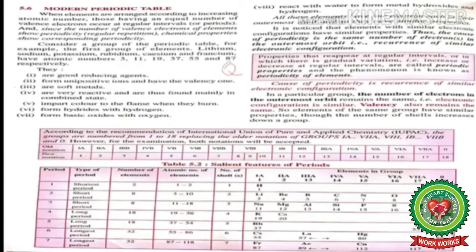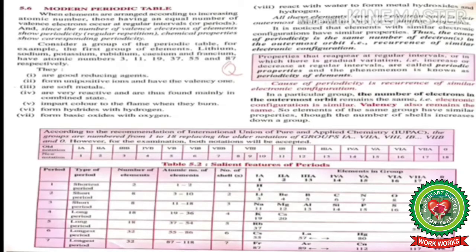According to the recommendation of the International Union of Pure and Applied Chemistry, IUPAC, the groups are numbered from 1 to 18, replacing the older notation of groups 1A to 7A, 8, 1B to 7B and 0.